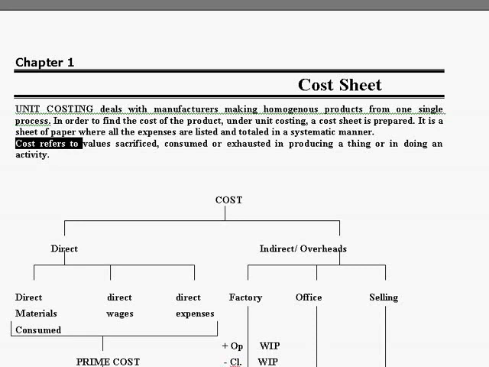Cost refers to values sacrificed, consumed, or exhausted in producing a thing or doing an activity.